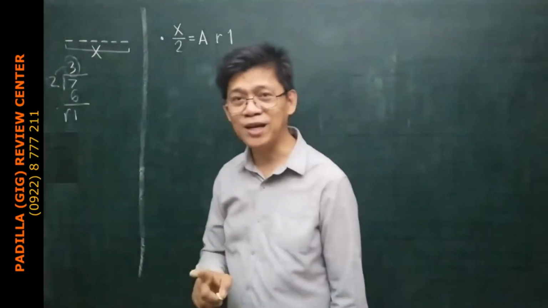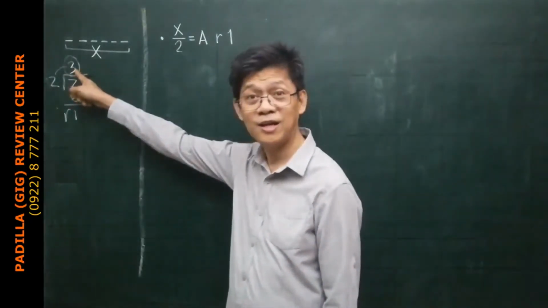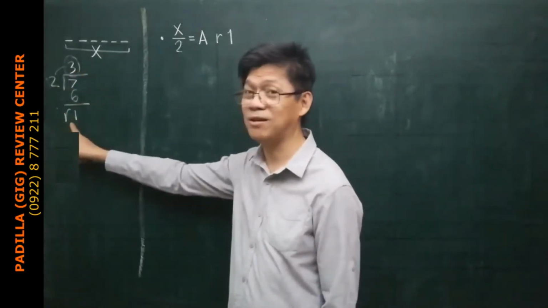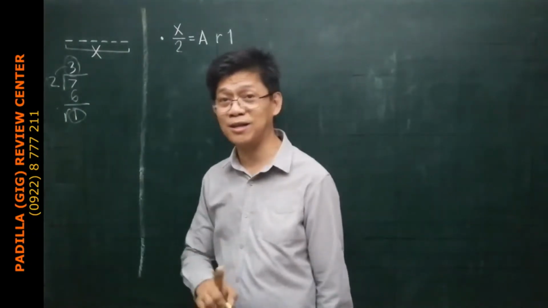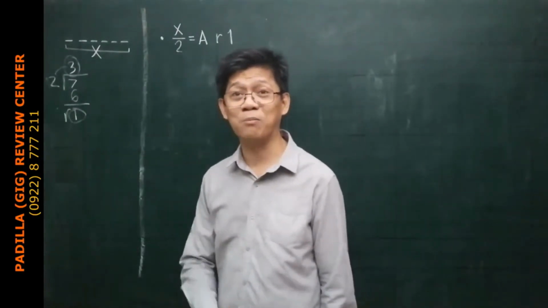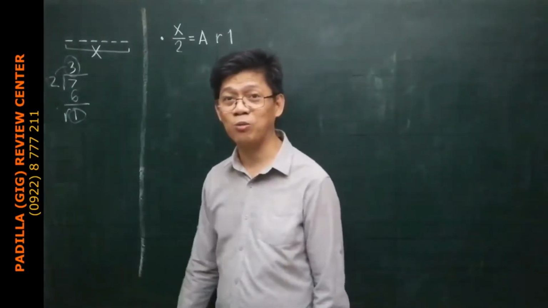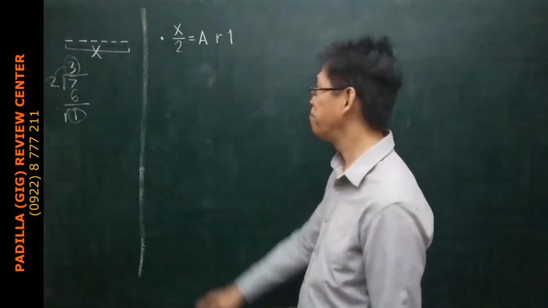Now, the implication of the wordings here is that the answer is a whole number, and that's why there's a remainder. The remainder is also a whole number. Hindi pwedeng hindi whole number ang remainder. So, ang ibig sabihin, the equations we will be getting here are Diophantine equations. Okay?